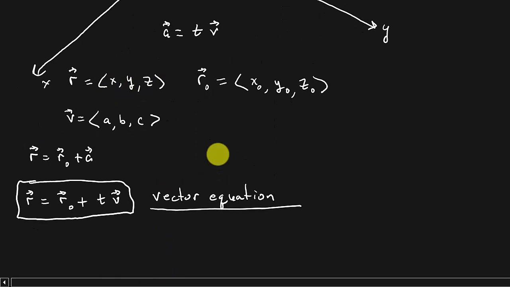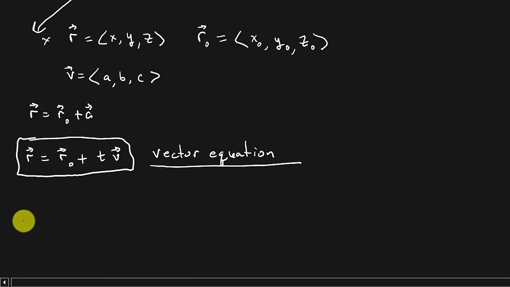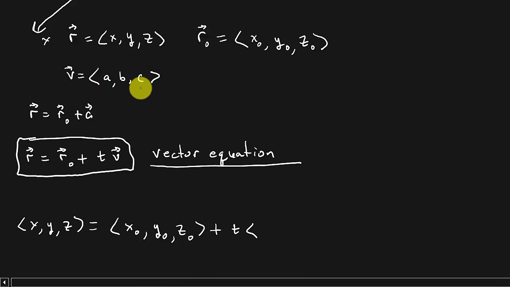X, Y, Z. So that's vector X, Y, Z is equal to vector r sub 0, which is x0, y0, z0, plus t times vector v, which is ABC.